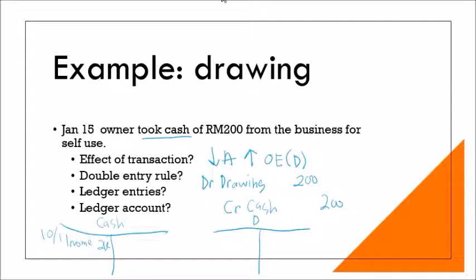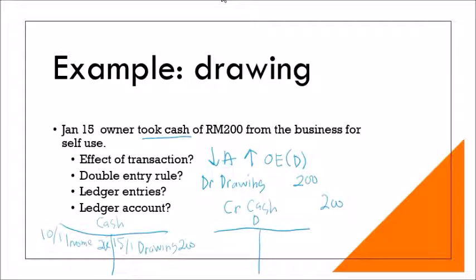So we record on the credit side on 15 Jan a reduction in drawing for 200. Okay, so next is drawing.